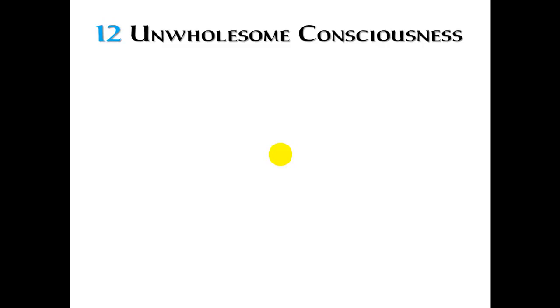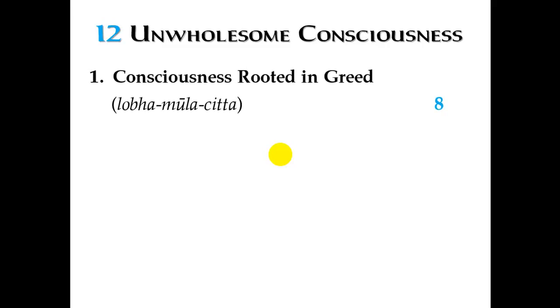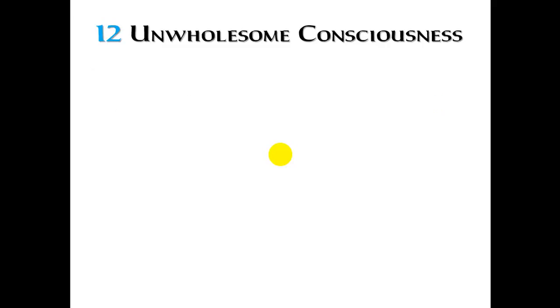So when we talk about unwholesome consciousness, it associates with only 27 Cetasikas. 27 is lesser than 38, right?